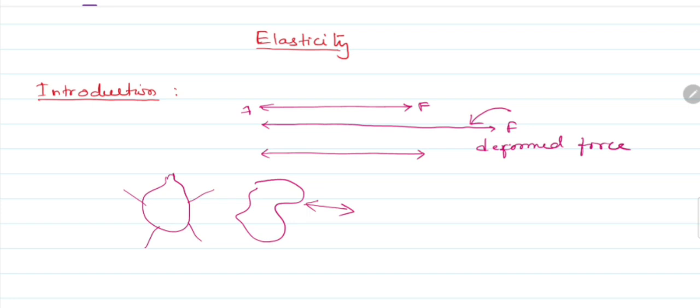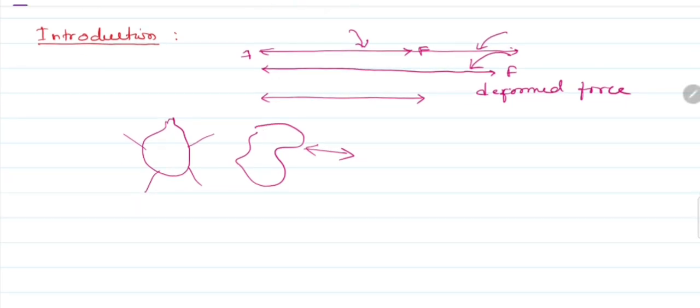What does it mean? When an external force is applied on a body, the body changes its shape and size, and when the deforming force is removed from that body, the body regains its original position; it is called an elastic body. So what is elasticity here?